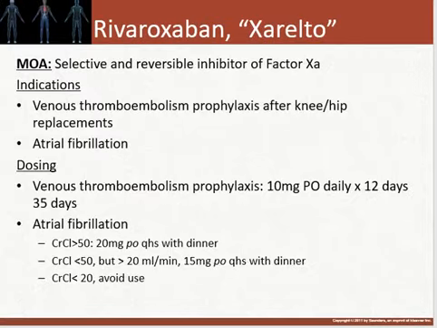The other drug in this class of factor 10A inhibitors is rivaroxaban, a selective and reversible inhibitor of specifically factor 10A. The indications for this include, as I said before, venous thromboembolism, prophylaxis for blood clots during joint replacements, and the newest indication is atrial fibrillation. We didn't really talk about this drug in the AFib case because it's the newer indication in terms of managing the coagulation.